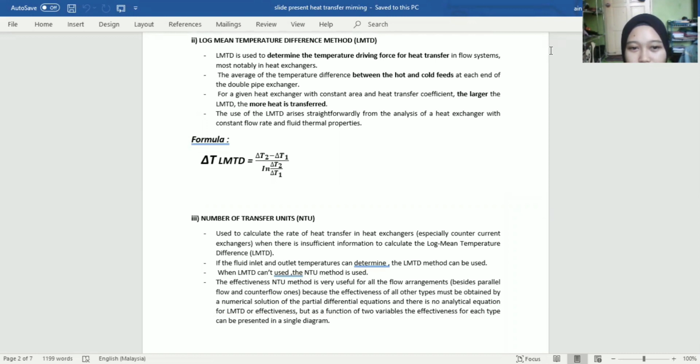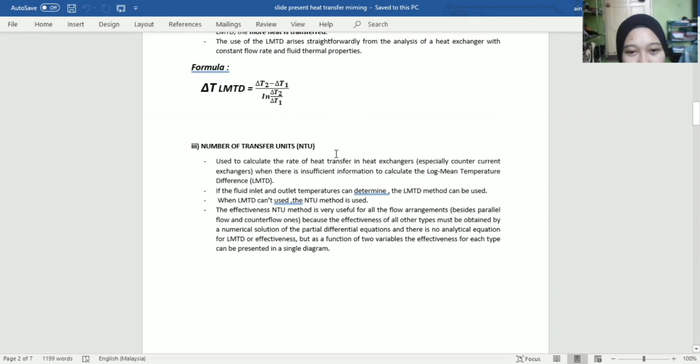Okay, next, number of transfer units. NTU is used to calculate the rate of heat transfer in heat exchangers, especially counter current exchangers, when there is insufficient information to calculate the log mean temperature difference (LMTD). If the fluid inlet and outlet temperatures can be determined, the LMTD method can be used. When LMTD cannot be used, the NTU method is used.